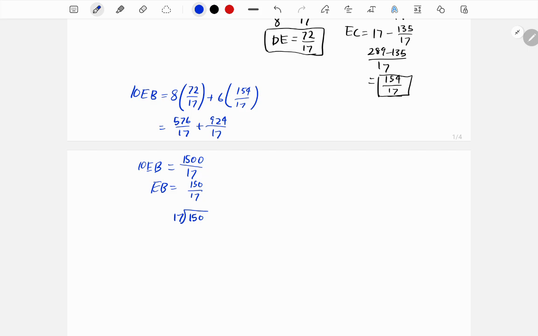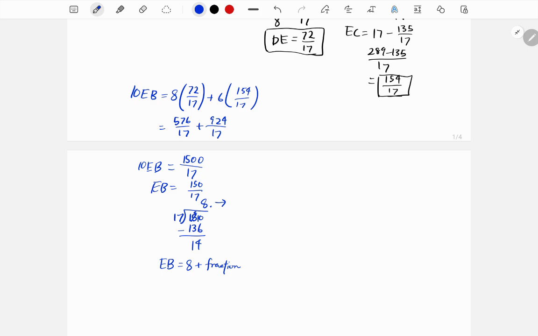So 17, the most I can get out of that is just going to be 8. So we have 8. So 8 times 17 is 136. And then we have 14. So this is going to be 8 point something. So EB is equal to 8 plus some fraction.